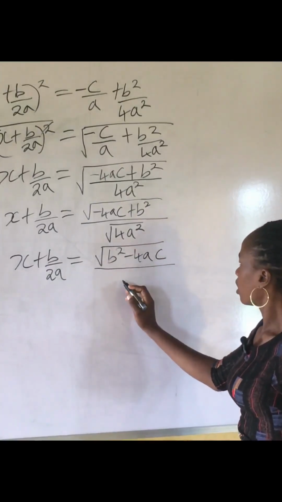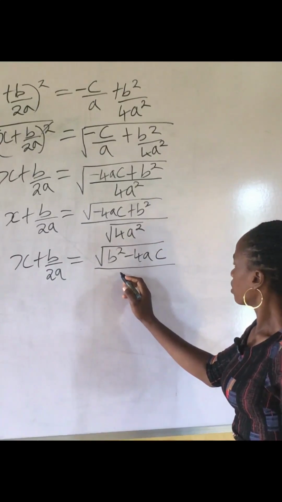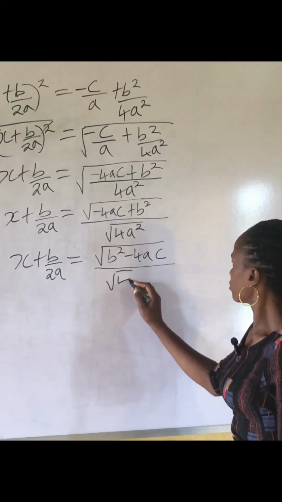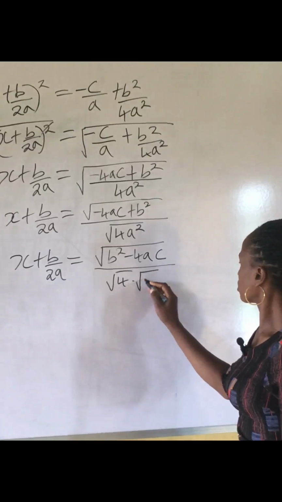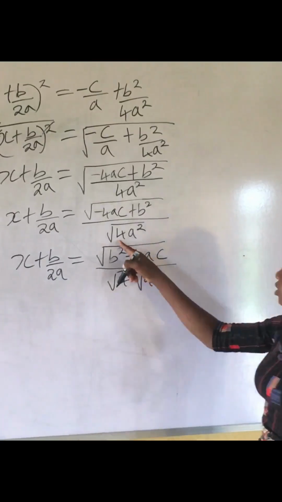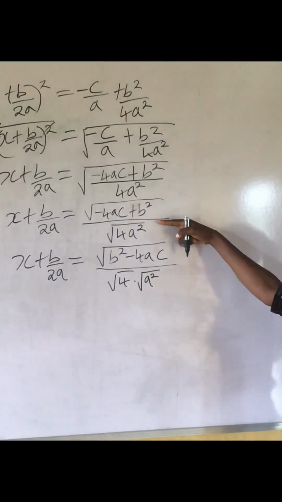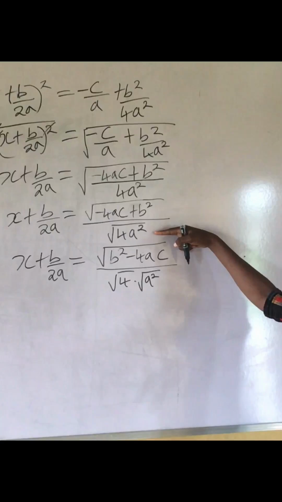So now we can split the denominator like this, right? Square root of 4 and square root of a squared, right? We can simplify in this manner.